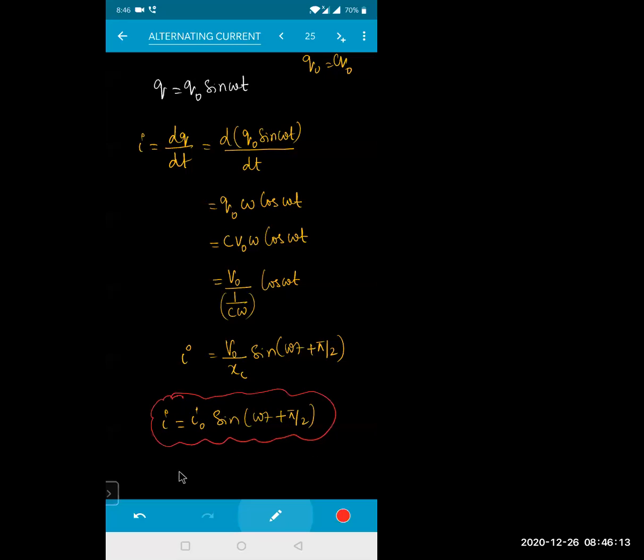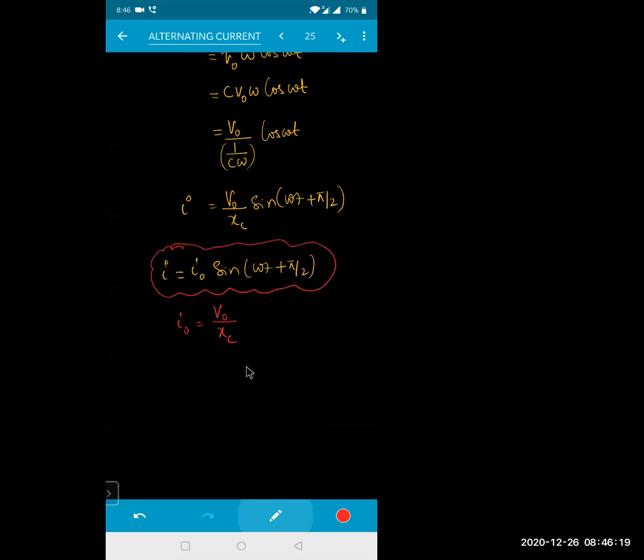I naught value is V naught by XC. What is XC? XC is equal to 1 by C into omega, which is known as capacitive reactance.